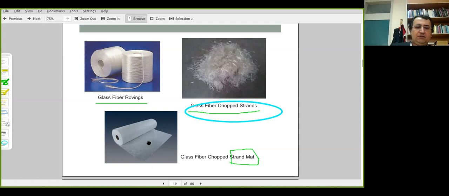After the resin solidifies, you have a layer of reinforcement like this, which involves these chopped strands in a resinous binder material. That's referred to as chopped strand mat. These are all unwoven forms of glass fiber reinforcements.